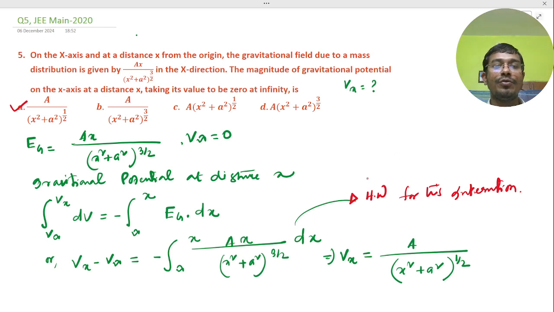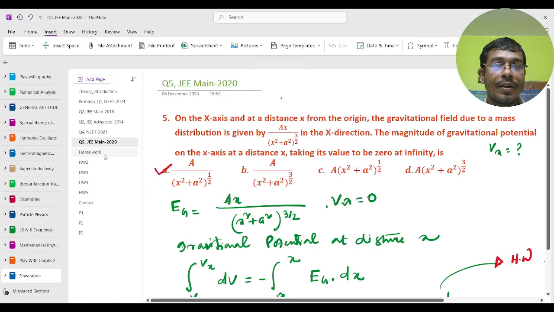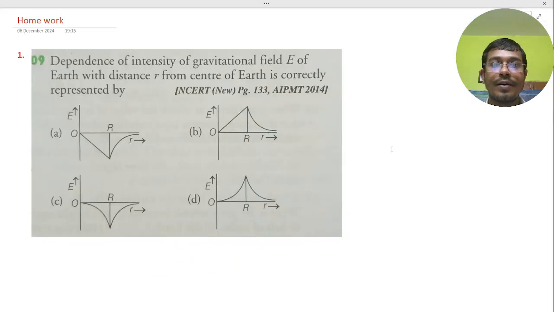And one thing is that I usually give homework for your better concept, understanding and practice. We have just solved 5 important questions of JEE Main, Advanced and NEET, and for your homework, the first one is given in the NEET exam. Dependence of intensity of gravitational field E of Earth with distance r from center of Earth is correctly represented by which curve.